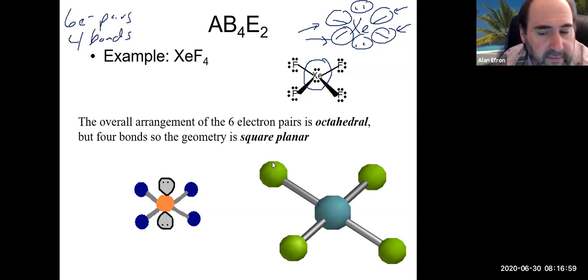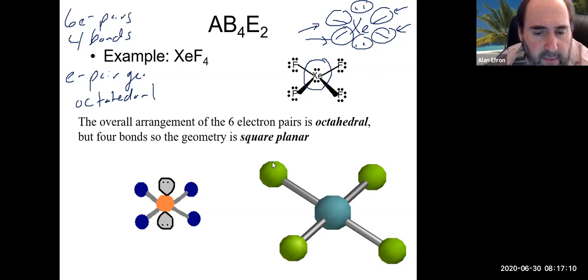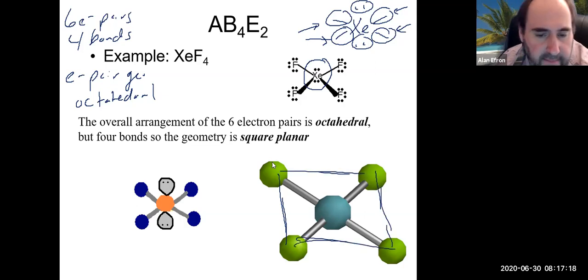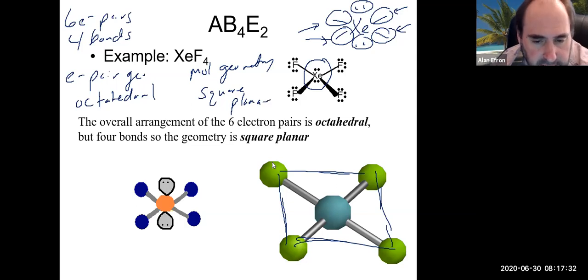And again, once we move to 6 electron pairs, the electron pair geometry becomes octahedral. And what ends up happening is these 4 bonded guys become on the same plane and basically make a square. Hence the name square planar would be our molecular geometry of square planar.